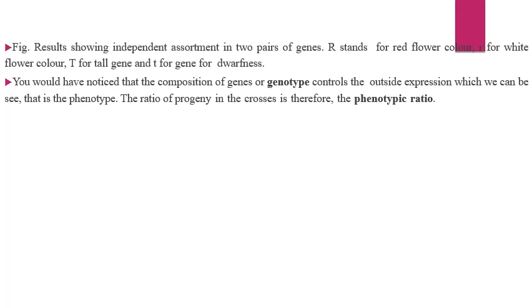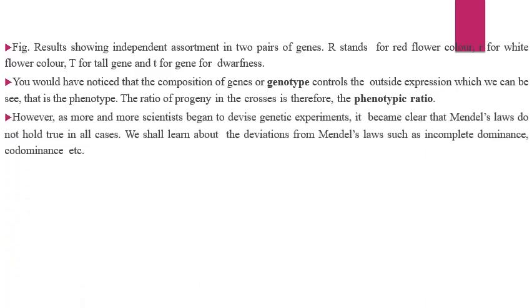The ratio of progeny in the crosses is therefore the phenotypic ratio. However, as more and more scientists began to devise genetic experiments, it became clear that Mendel's laws do not hold true in all cases. We shall learn about the deviations from Mendel's laws such as incomplete dominance, codominance, etc.